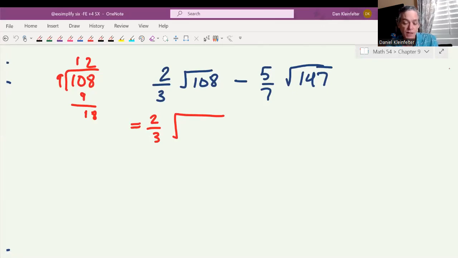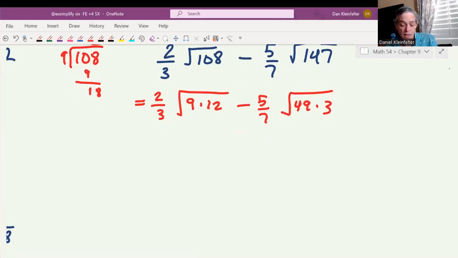That's okay. So this will be 9 times 12. And then in the back, we have 5/7 square root of 147, that's 49 times 3. So we've got, again, 2/3, square root of 9, square root of 12, minus 5/7, the square root of 49, square root of 3.